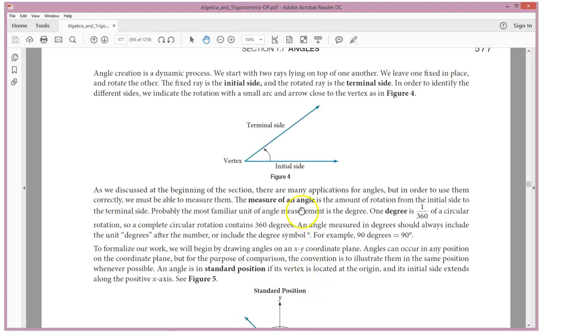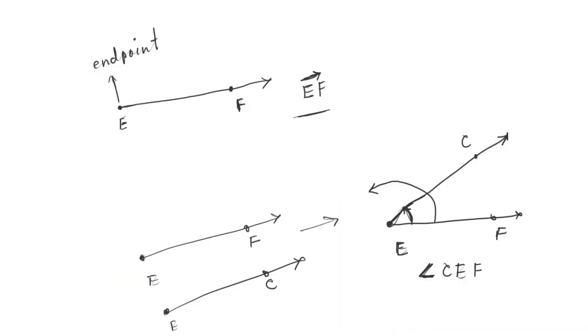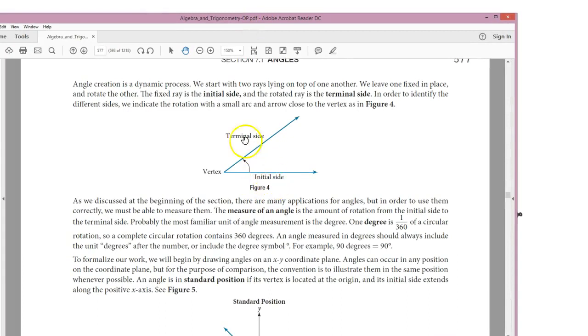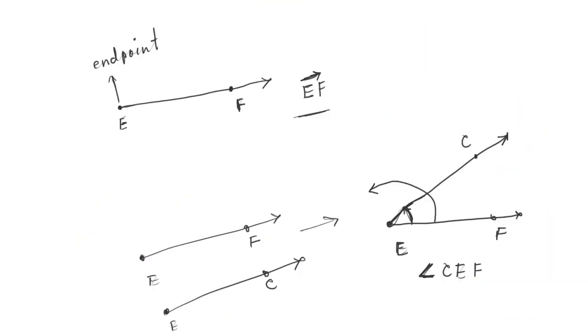And of course, I was looking for these names over here, the initial side and terminal side of an angle. So what you need to do in order to form an angle, as we said before, if you have an angle like this, of course this is supposed to be straight, the point where the two rays meet is called the vertex.